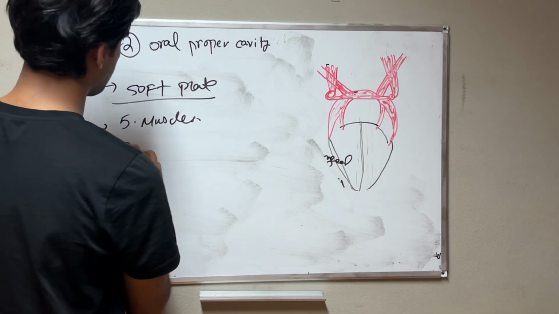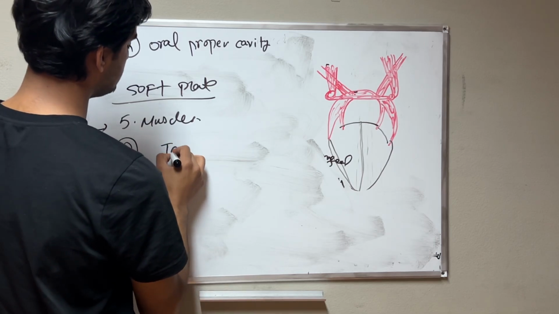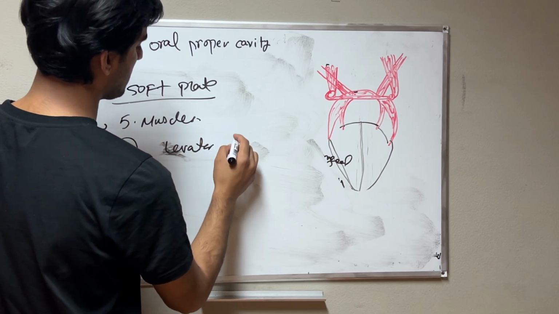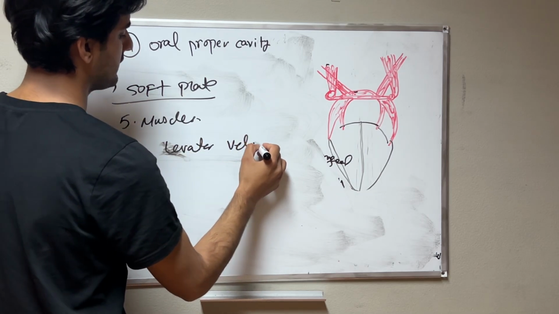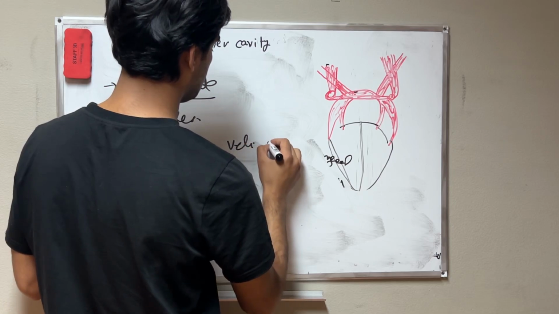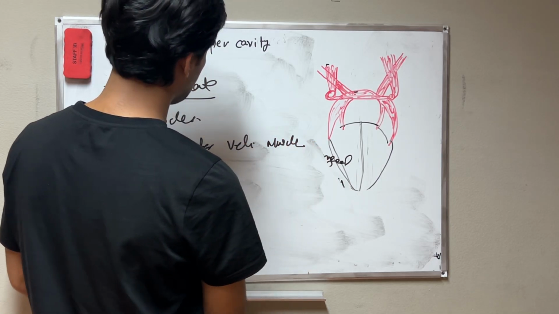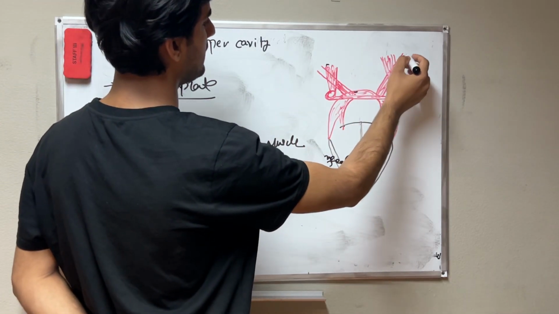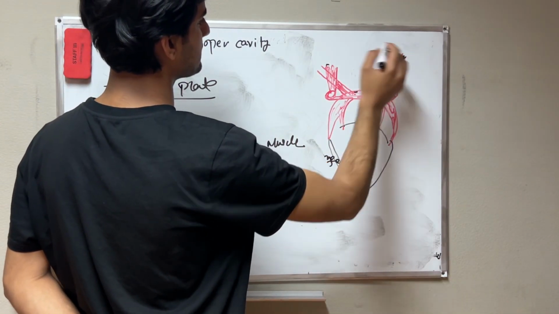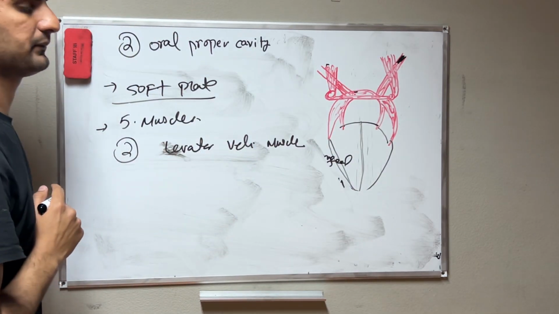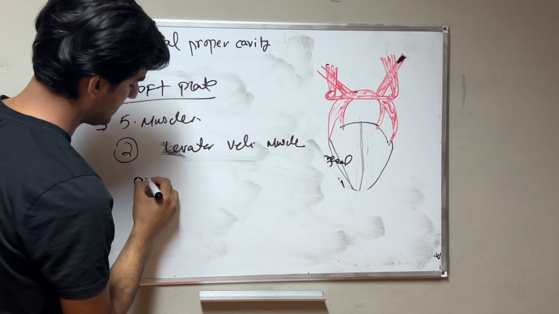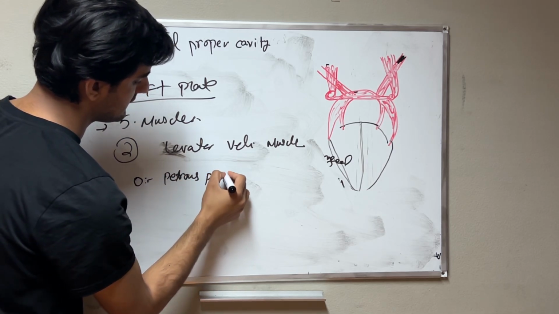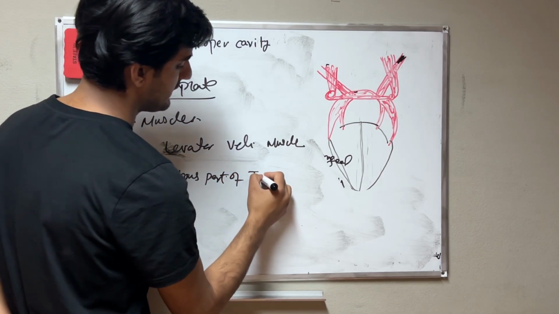We have the levator veli muscle. Levator veli palatini originates from the petrous part of the temporal bone.